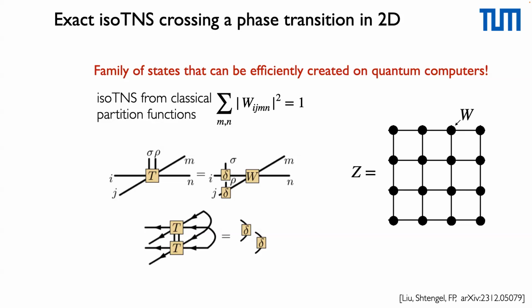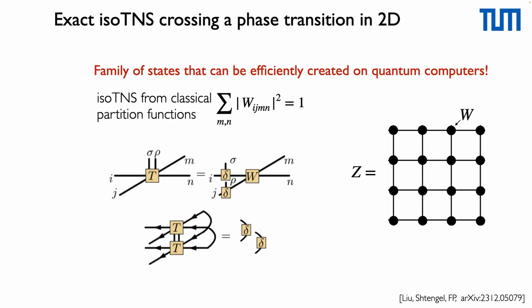Just to illustrate this a bit more, if we have a quantum many-body state, we say that this is the sum over I1 through IN of psi I1 through IN times whatever basis we have here.